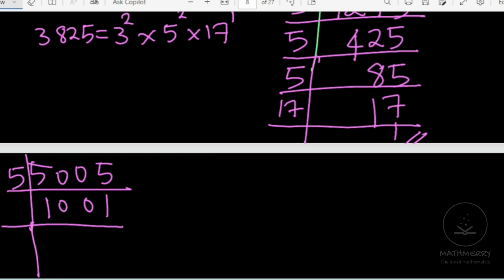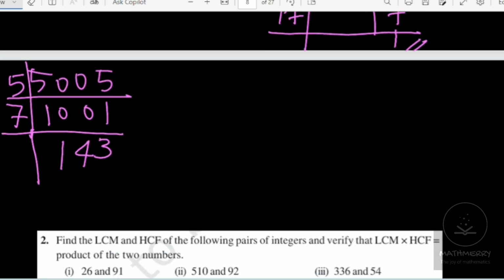Okay, after 5, let's just try for 7, the next prime number. So 7, it's 143. That's what we get when we divide 1001 with 7. Now again 143. We can try with the next prime number, which is 11.